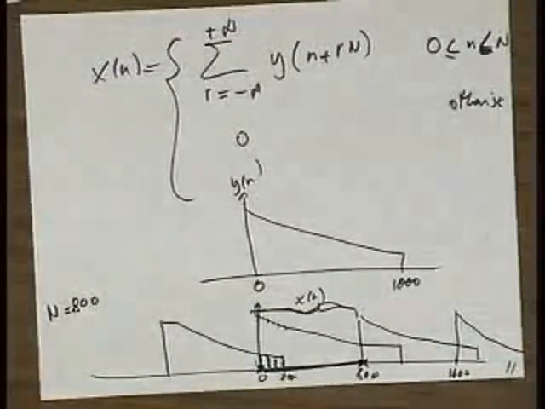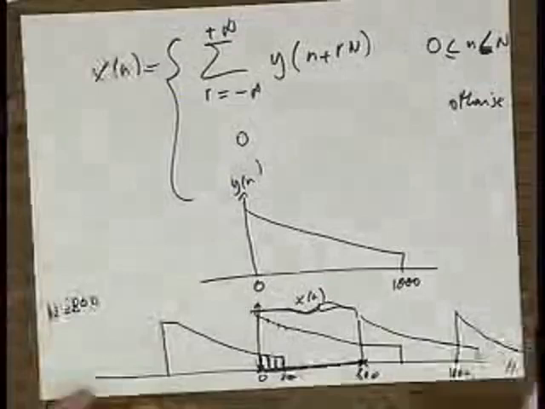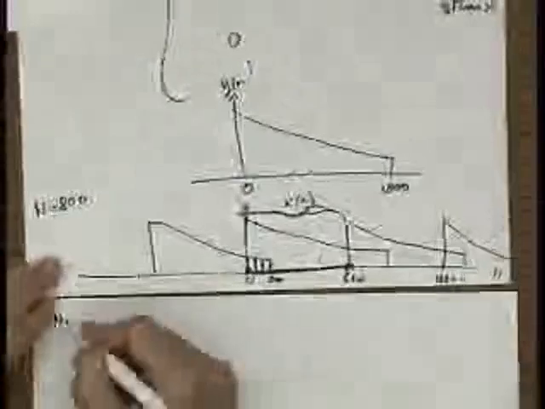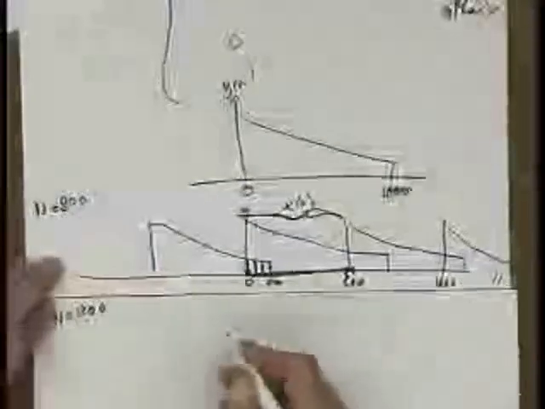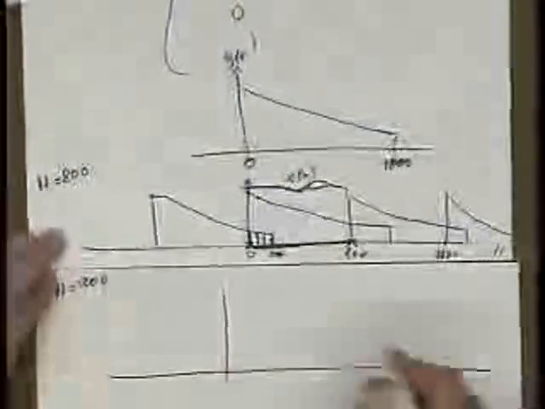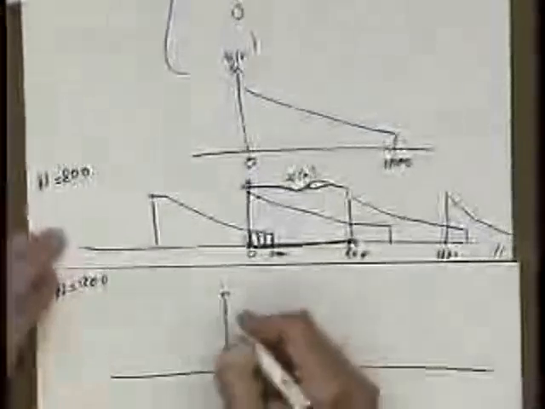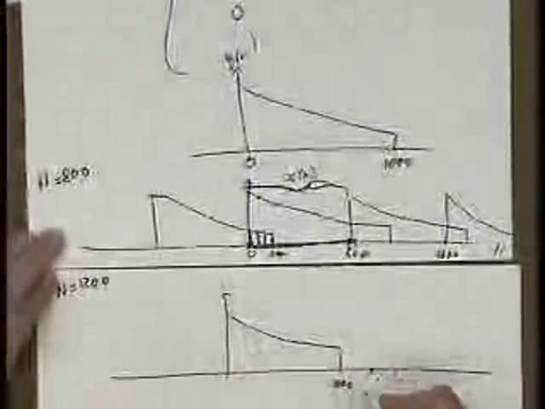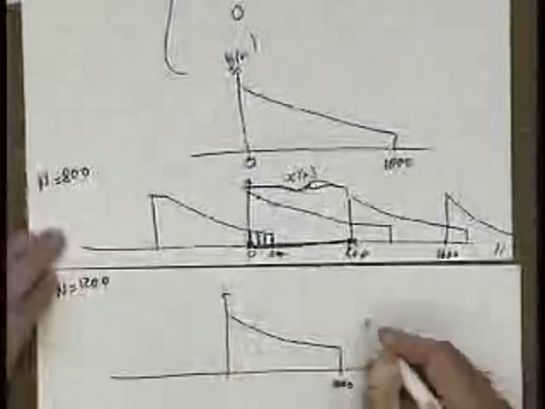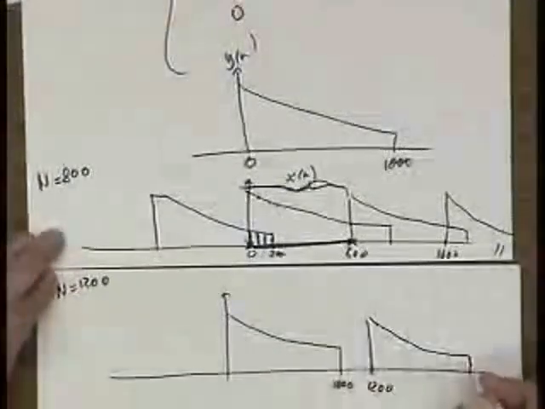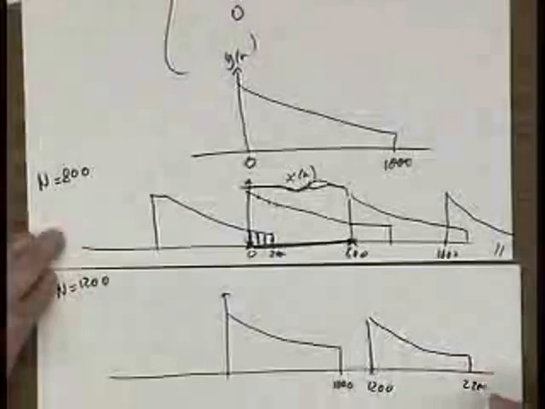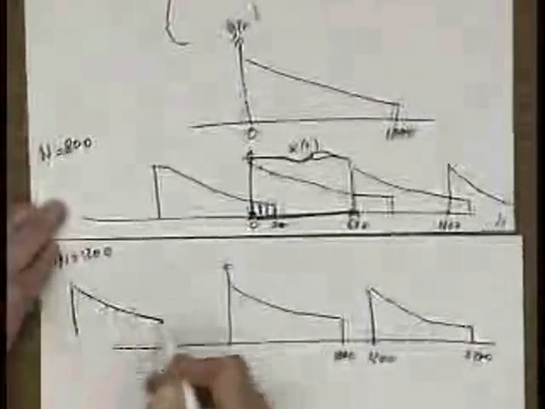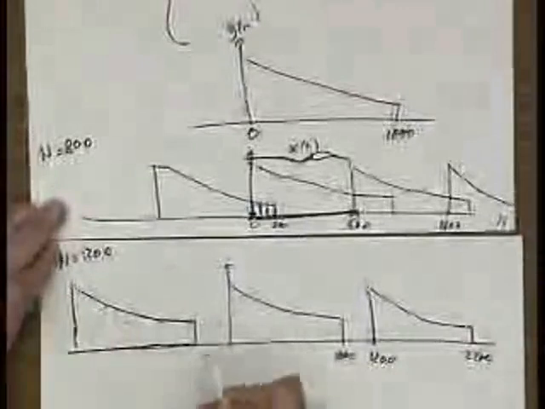Alternatively, even though this is 1,000 points, if I did N equals, say, 1,200, how would this thing look? Well, I'd periodically repeat y of n with period 1,200. So it'd go from here to 1,000, but then there'll be nothing, and I'll do it here and some more, at 2,200, then here and some more, but it ends at minus 200.